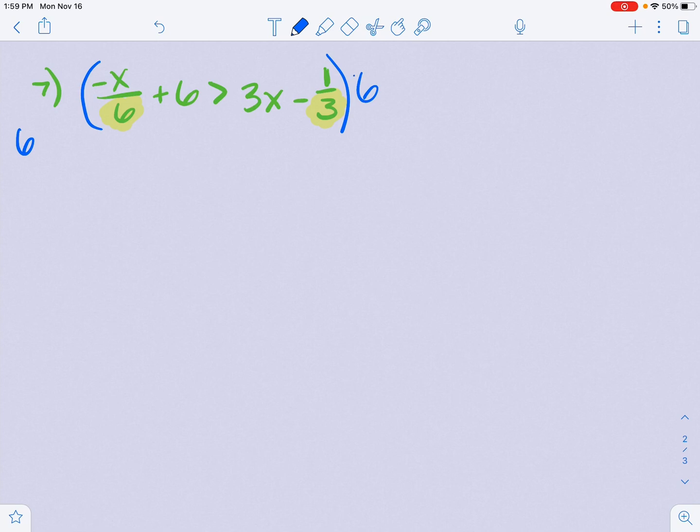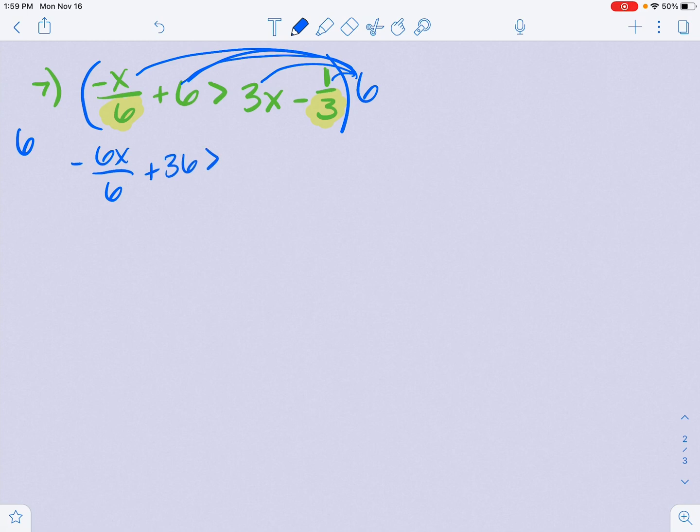So when I do that, I have to take this 6 and distribute it to every single thing. Okay? So when I have 6 times negative x over 6, what happens? That would give me negative 6x over 6, plus now I have 6 times 6, which is 36.